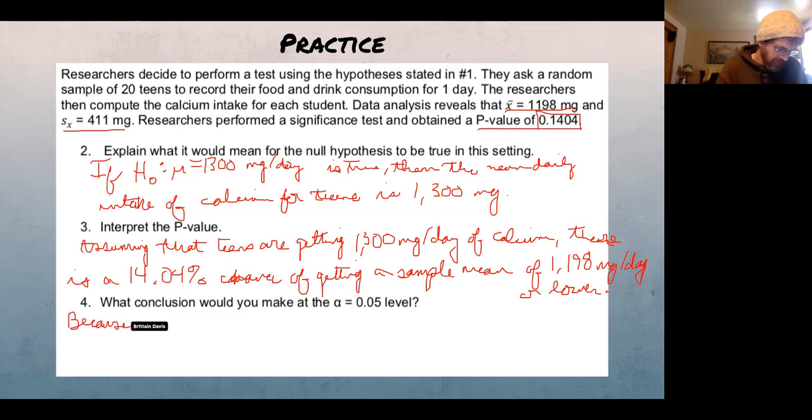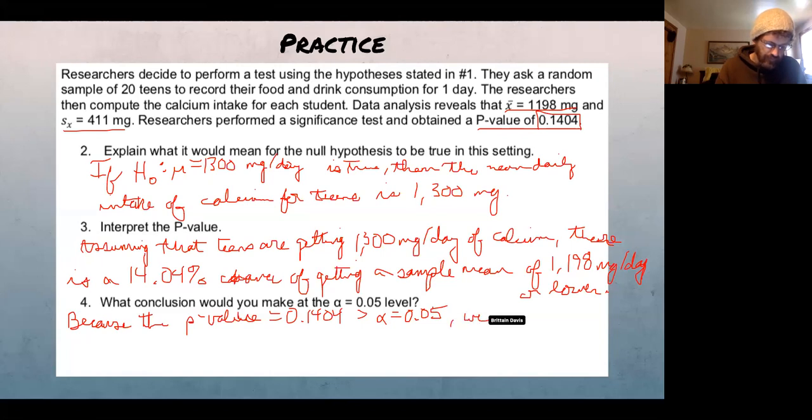Because the p-value, and I'll go ahead and say that's because the p-value of 0.1404 is greater than our alpha level of 0.05, because it's greater, we fail to reject the null hypothesis.